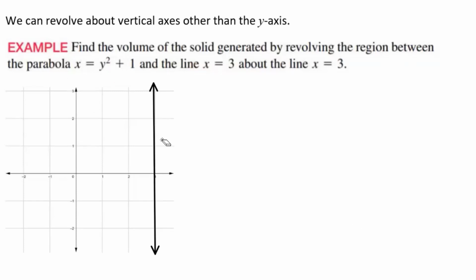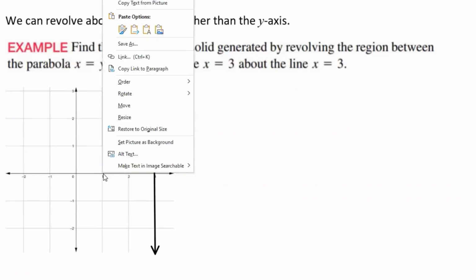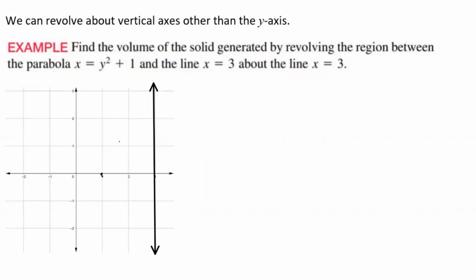To the right, yes. For example, and you can confirm this by plugging in if you're not sure, I think it goes through the point (1, 0). Am I right? If you plug in, we get 1 equals 0 squared plus 1. Yes, I am correct. (2, 1), yes, (2, 1). And (2, -1).